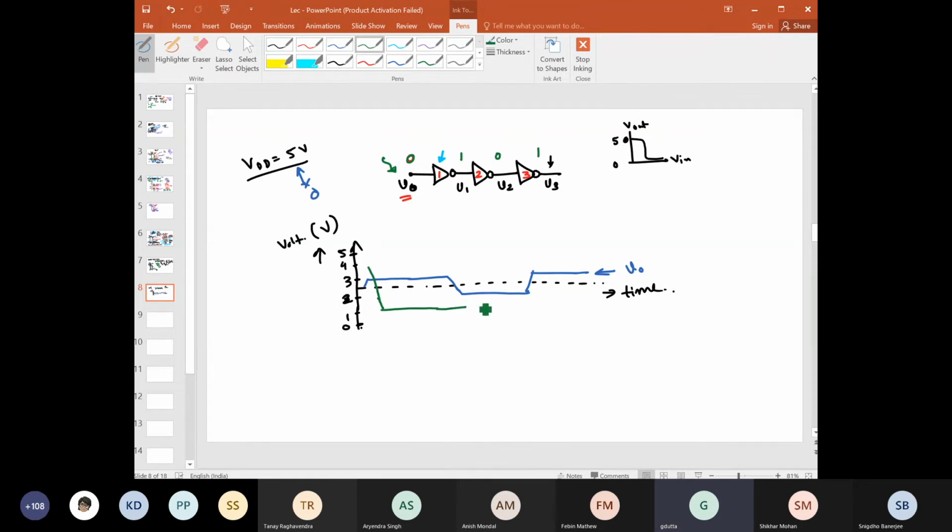So you can see as this V1 we are plotting, it will actually improve compared to this V0.